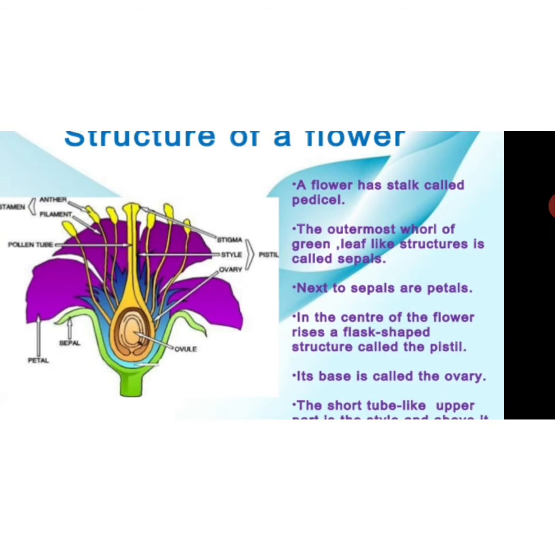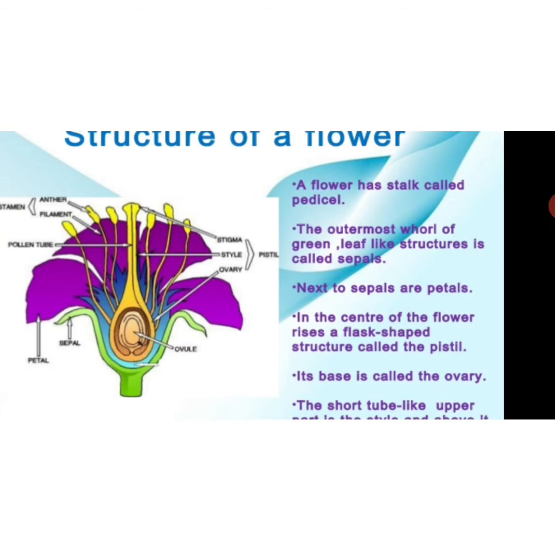In the center of the flower rises a flask-shaped structure that is called the pistil. See, in the center a flask-shaped structure is there. This whole flask-shaped structure is called the pistil, and this base part is called the ovary, and inside the ovary the ovule is present.